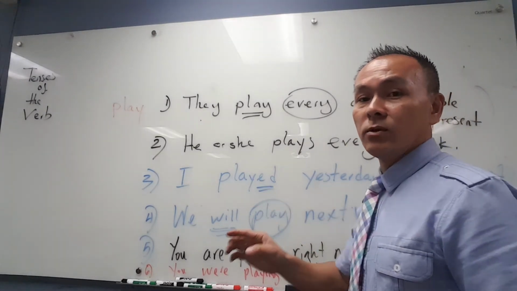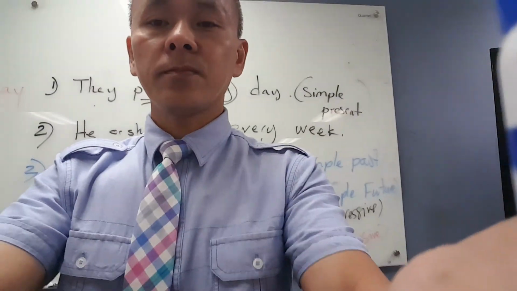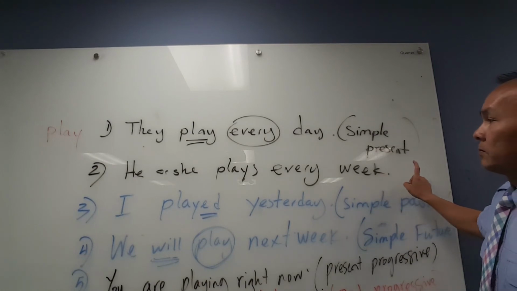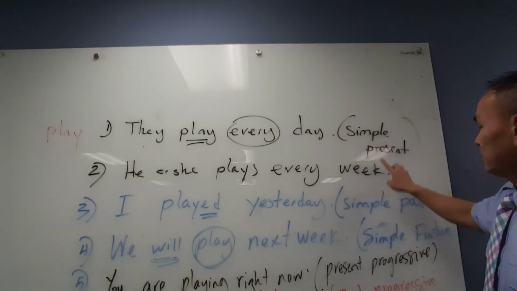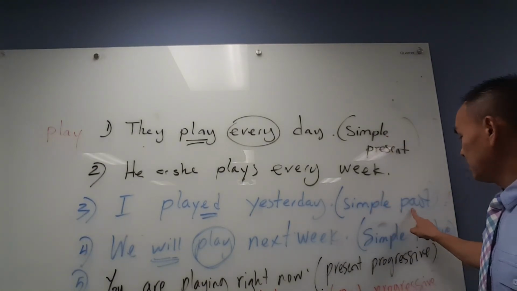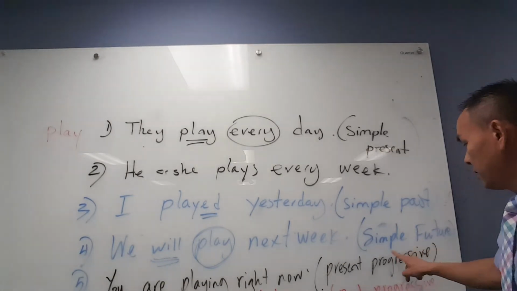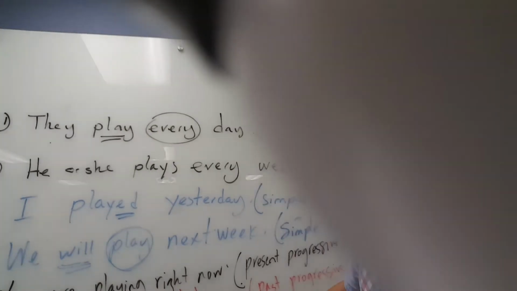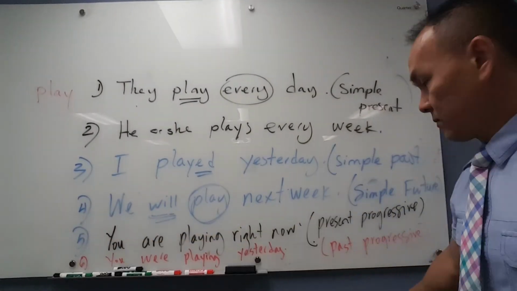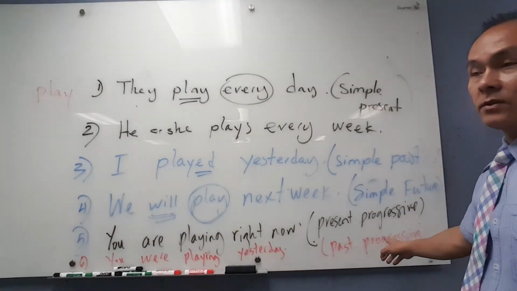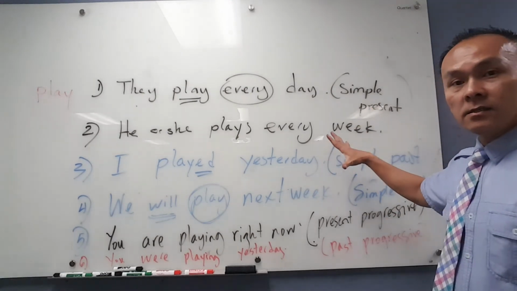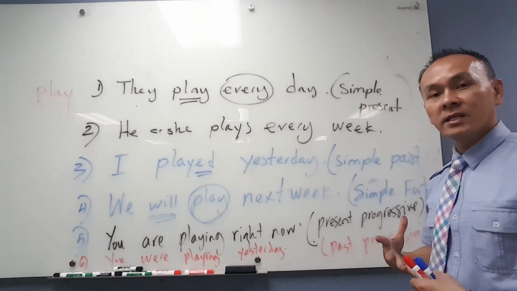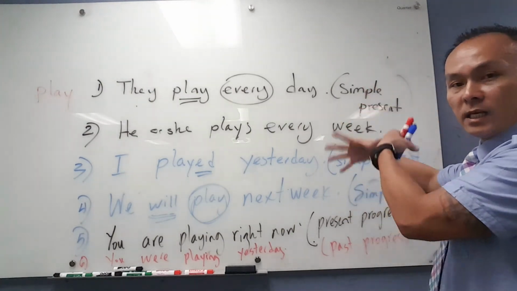Okay, this is called simple present. Simple present, simple past, simple future, present progressive, okay? And the last one is called past progressive. So these are the 5 among the most used tenses of the verbs in the English language.